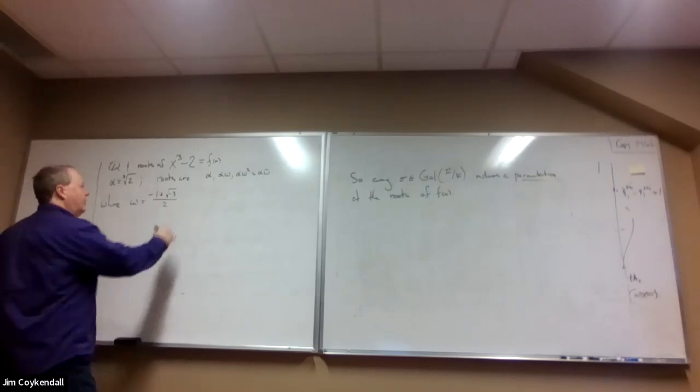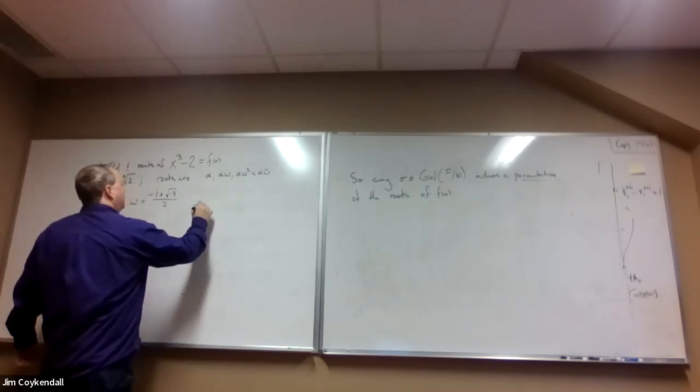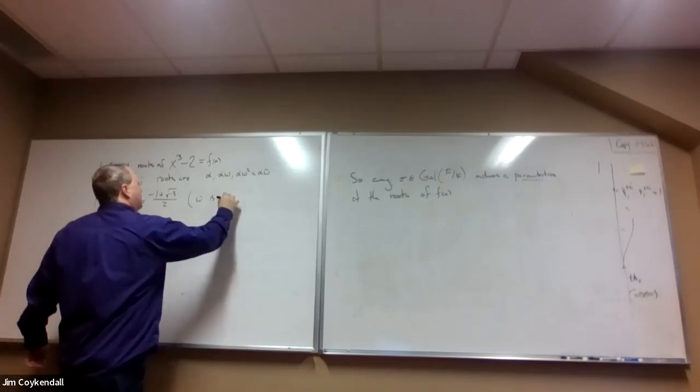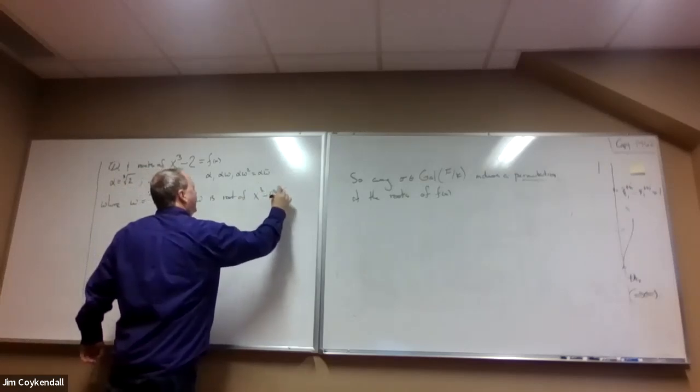If you haven't seen where this comes from before, omega is a root of x cubed minus 1.